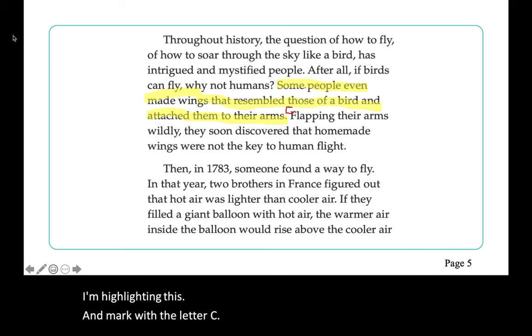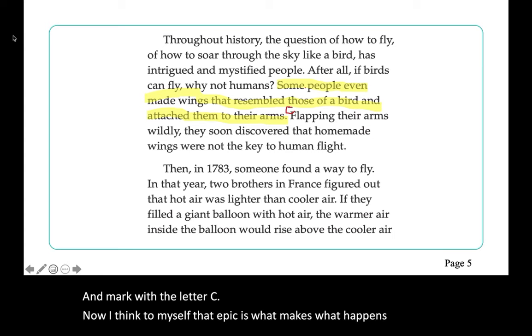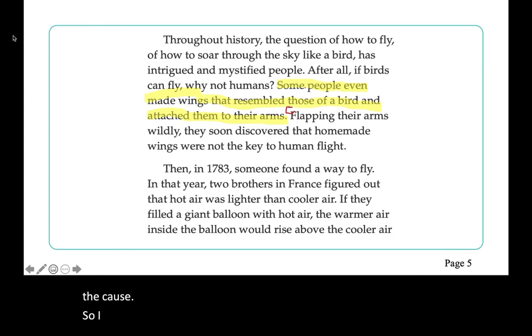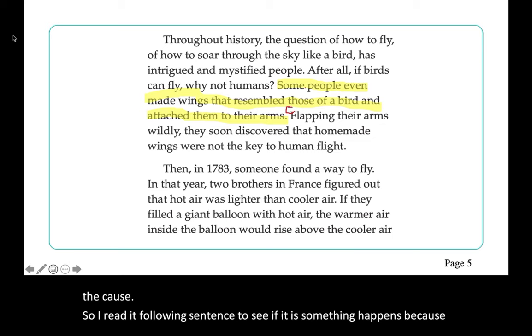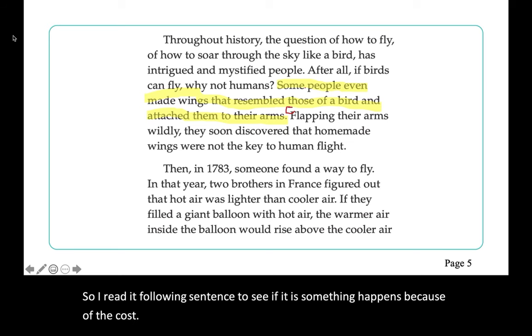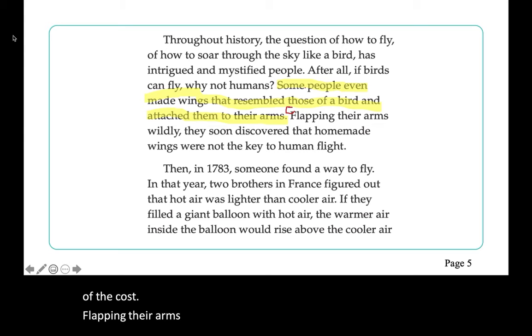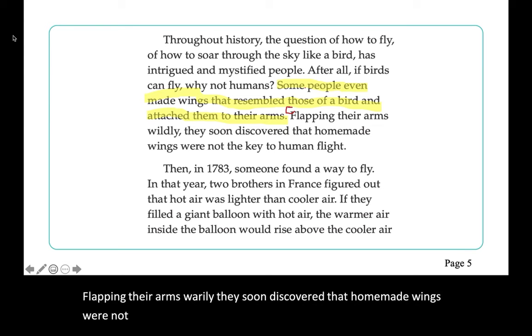Now, I think to myself that the effect is what happens next after the cause. So I read the following sentence to see if it is something that happens because of the cause. Flapping their arms widely, they soon discovered that homemade wings were not the key to human flight.